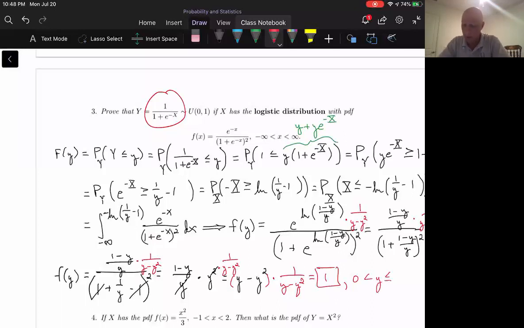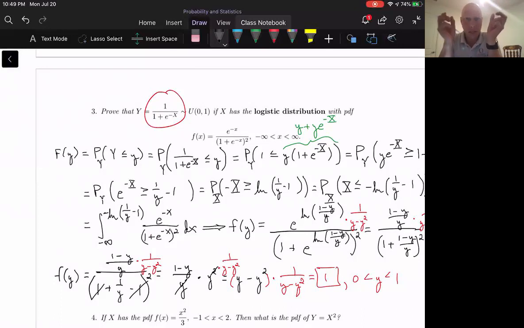And now we need to view the other extreme. As x gets bigger and bigger, e to the negative x approaches 0, which means you have 1 over 1 plus 0, or 1. And I don't actually need that equality portion. And so now we have that the distribution of y is 1 with a support 0 to 1.